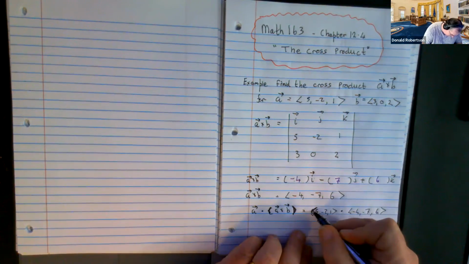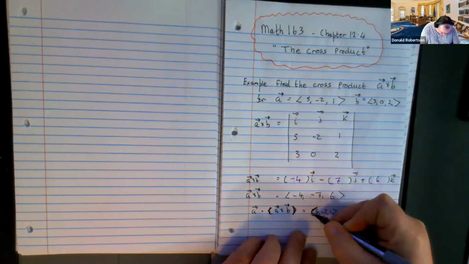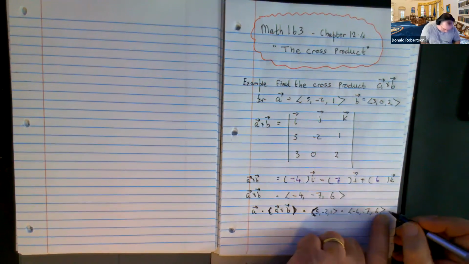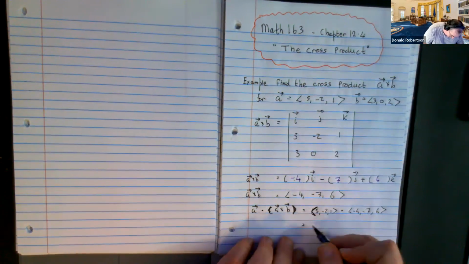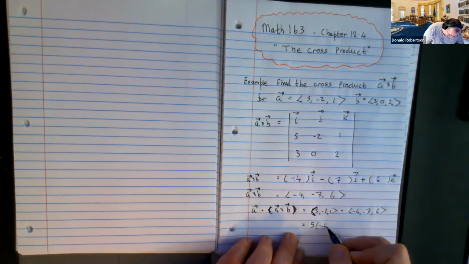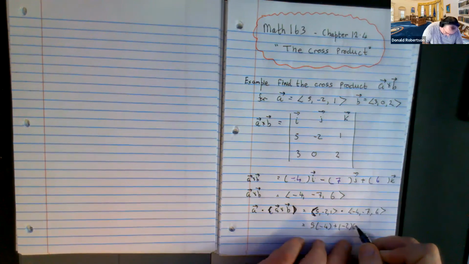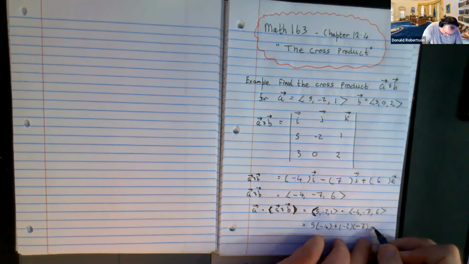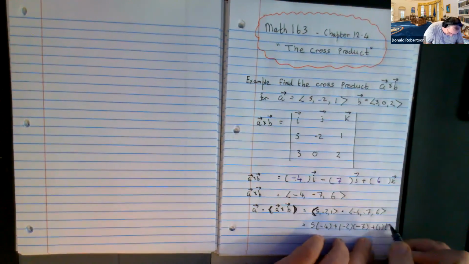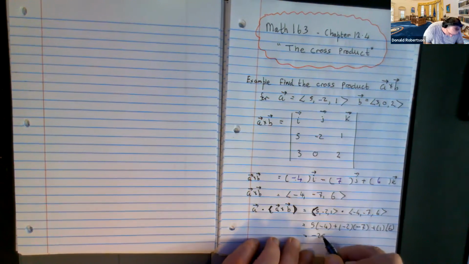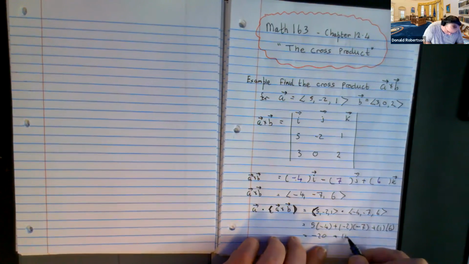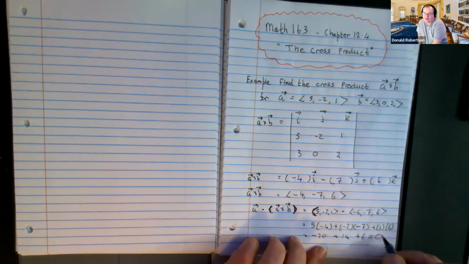Provided I haven't screwed up my calculation, shouldn't this be 0? Because they're orthogonal. Let's see. 5 times -4 plus -2 times -7 plus 1 times 6. That's -20 plus 14 plus 6. Am I good or am I good? I did it right.